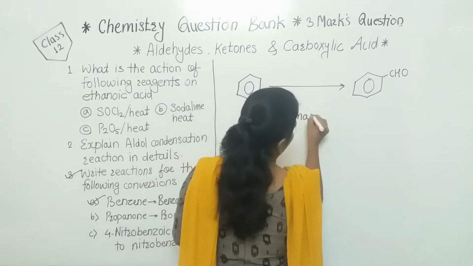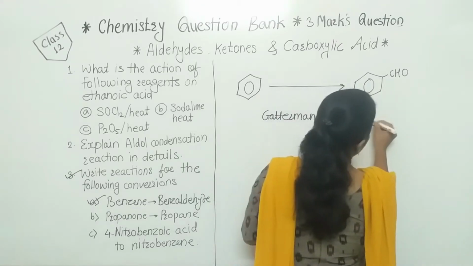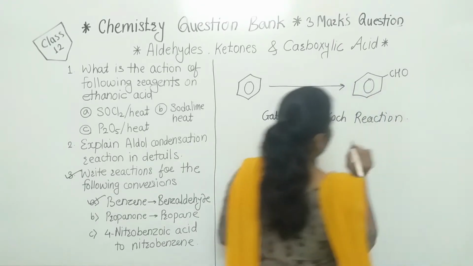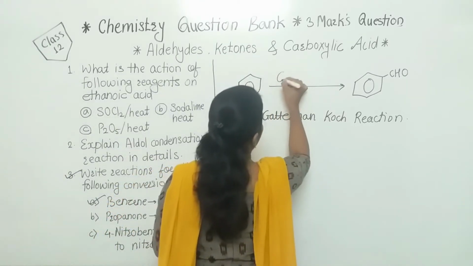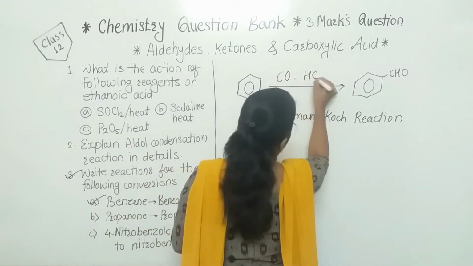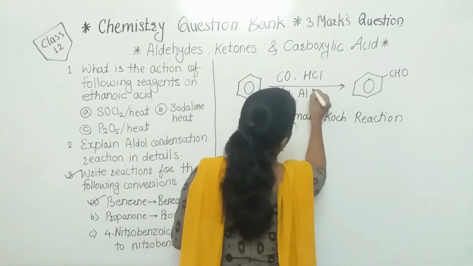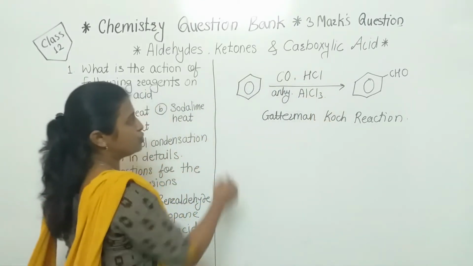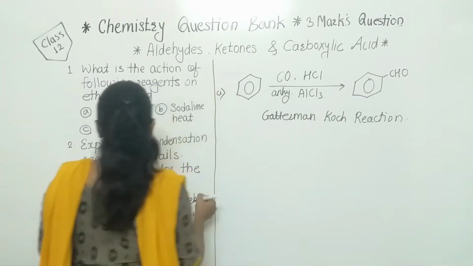By using this Gattermann-Koch reaction we can convert benzene into benzaldehyde. Now which reagents we have to use? These reagents are carbon monoxide, HCl, and anhydrous AlCl3. These many reagents we have to use to convert benzene into benzaldehyde. So here we have completed the first conversion.